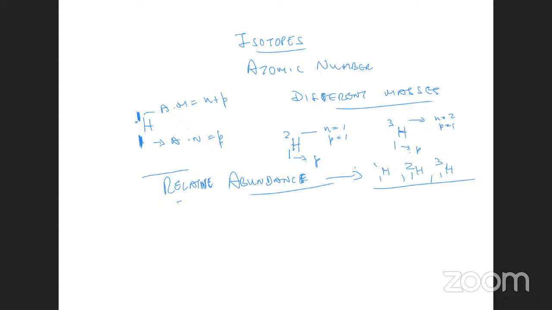The relative abundance tells us what percentage of each one exists. What percentage is hydrogen, deuterium, and tritium. So total should come to 100. That percentage is known as relative abundance because it is related to the other 2 or whatever other isotopes.